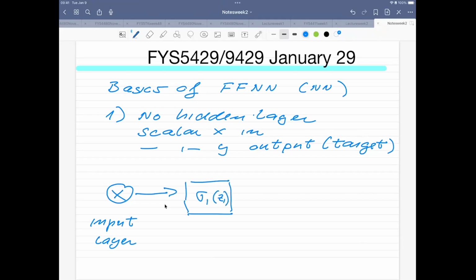Now, the input is modulated with some weight, and we are going to have a parameter which we call the bias, b1. This function here is normally the one which we call the activation function. And these are different functions.